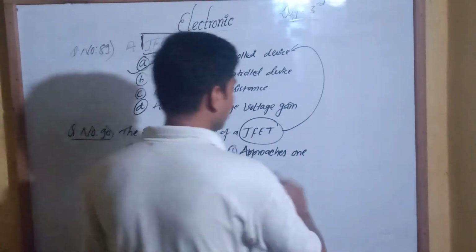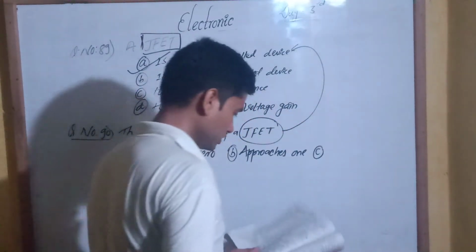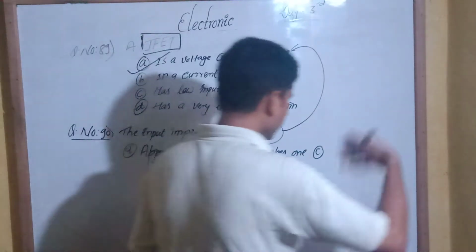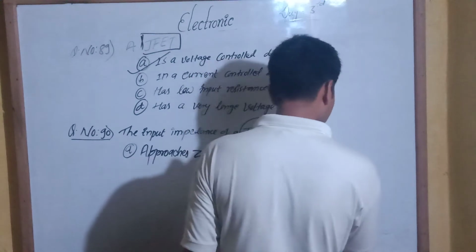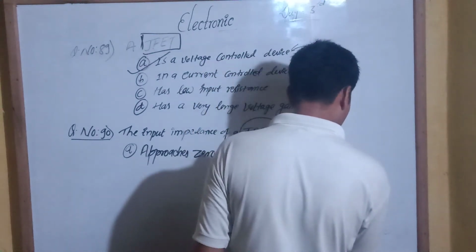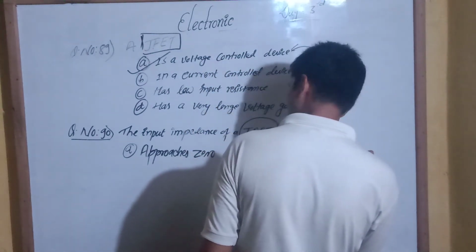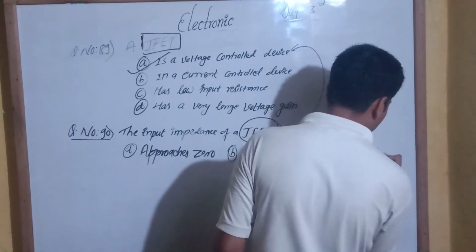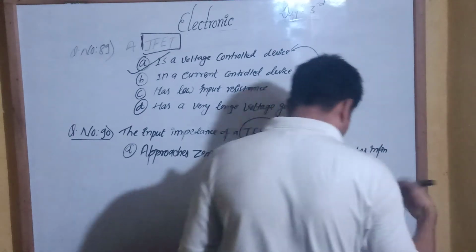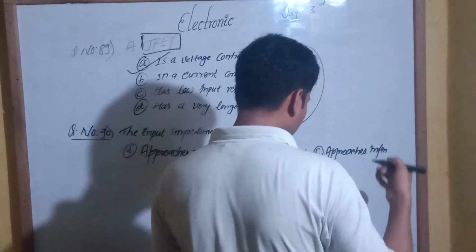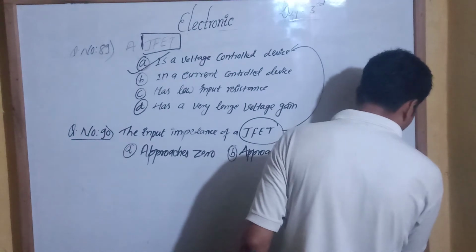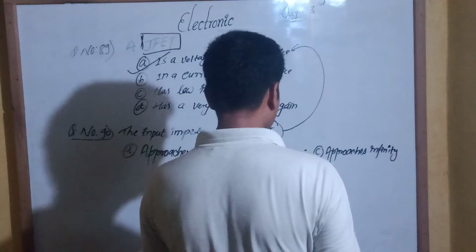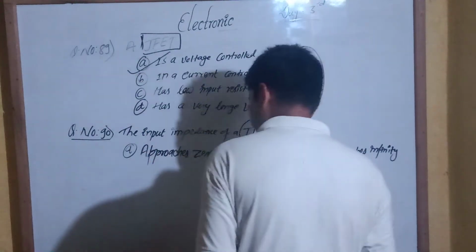Option C: approaches infinity. Option D: impossible to predict.